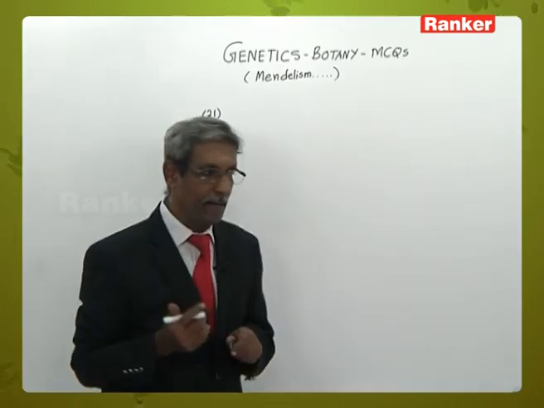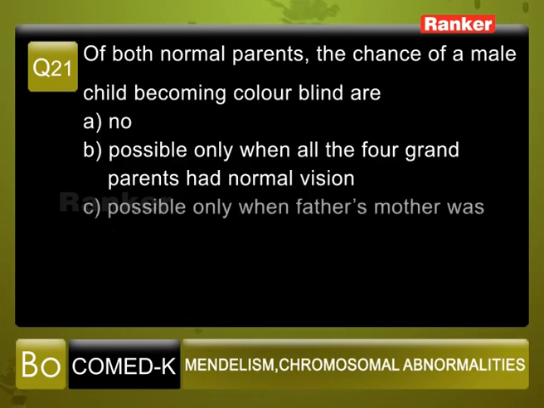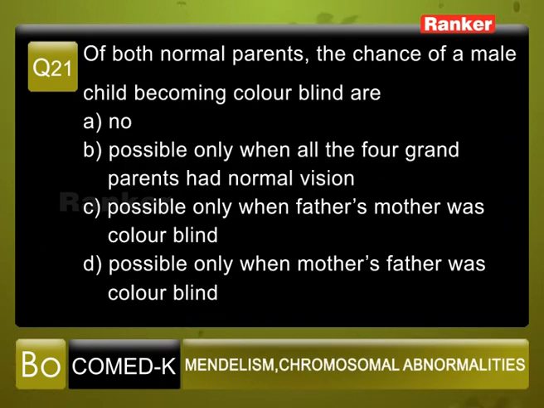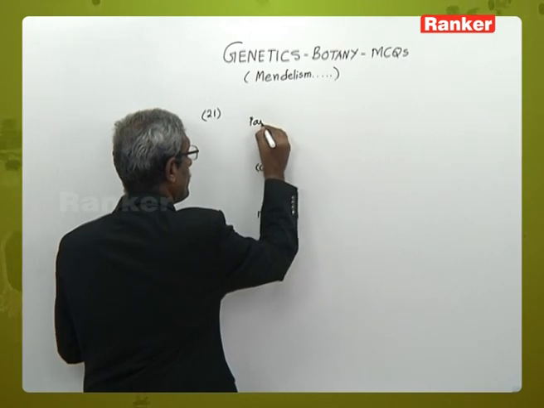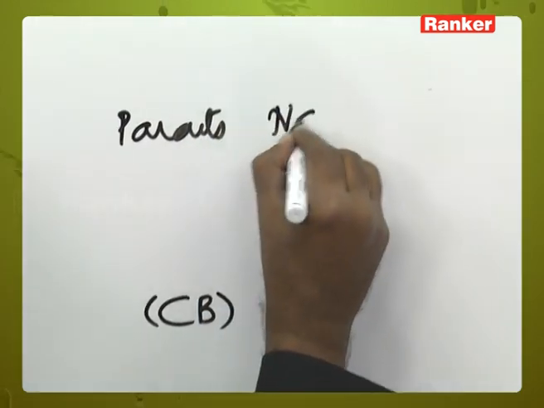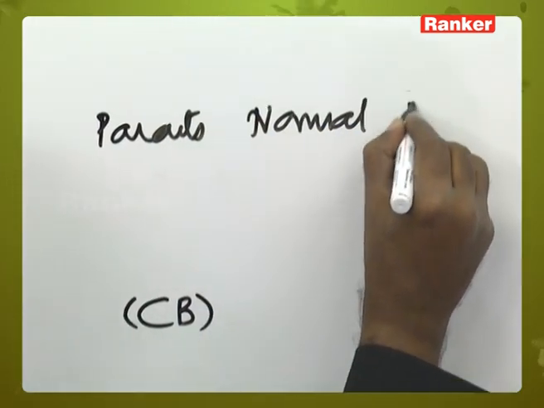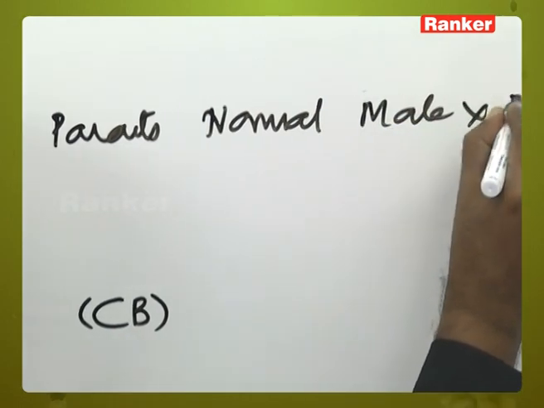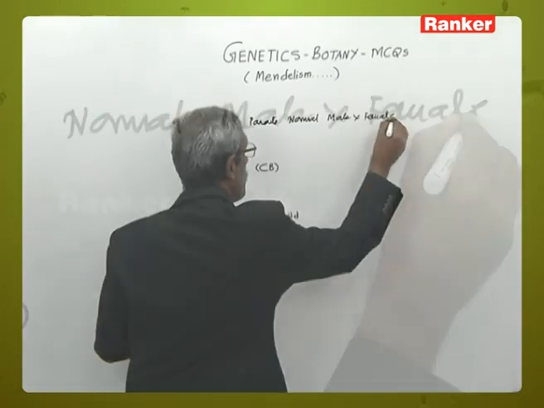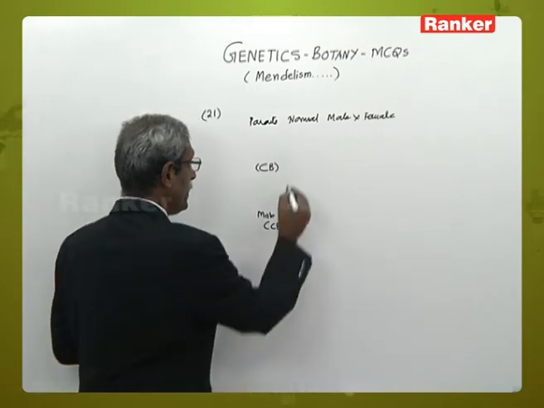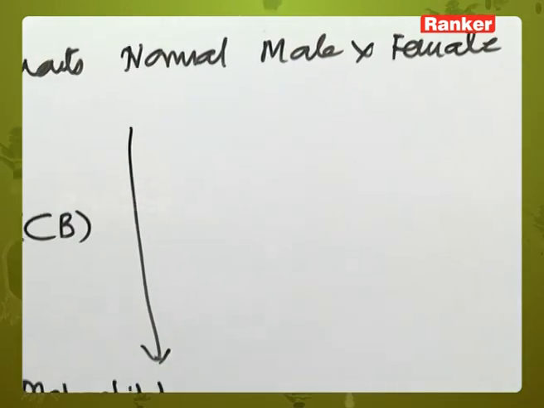It is a study of color blindness. In color blindness, the chances of a male child being colorblind. The question says of both normal parents. We have two parents who are normal, a normal male and a female, and we are looking at the male child.